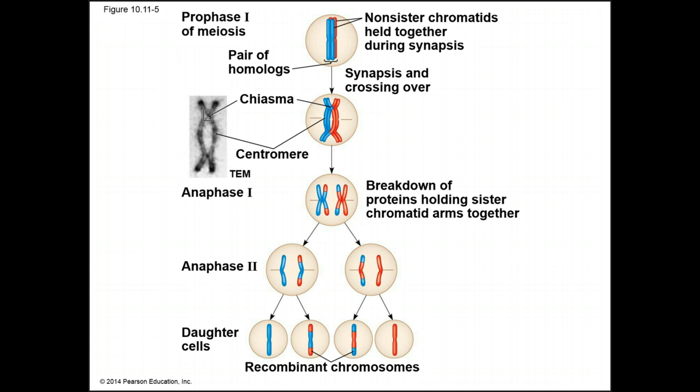This slide is showing an example of synapsis and crossing over. Also, there is an electron microscope picture of an actual set of chromosomes or homologs undergoing synapsis.